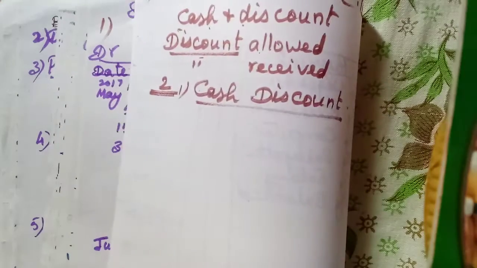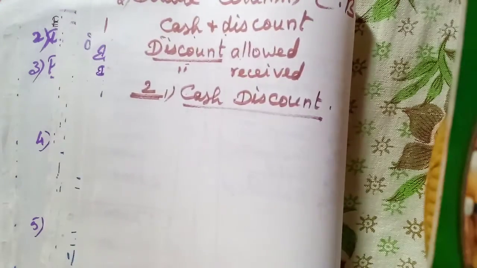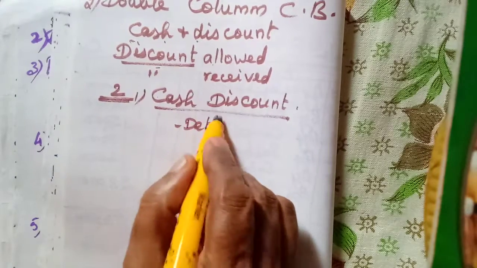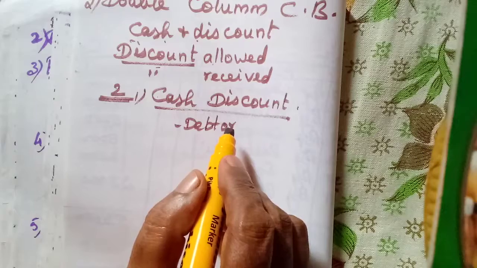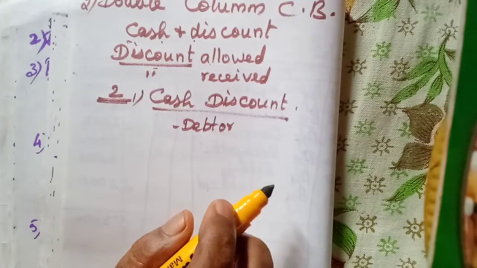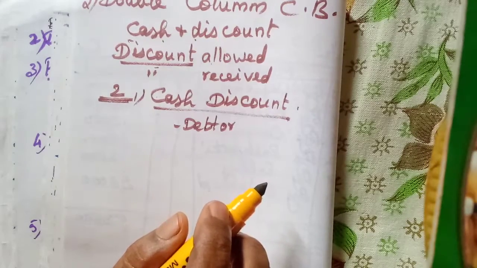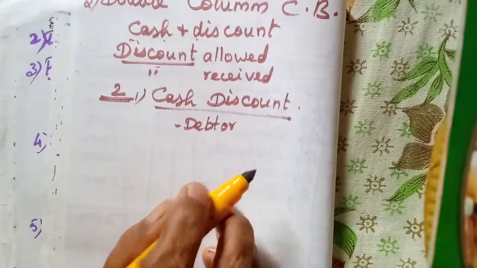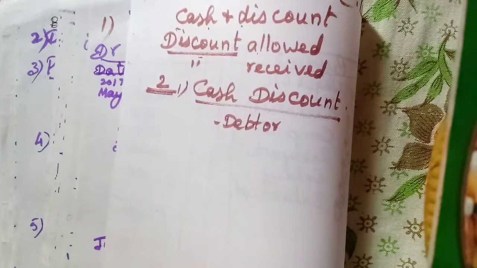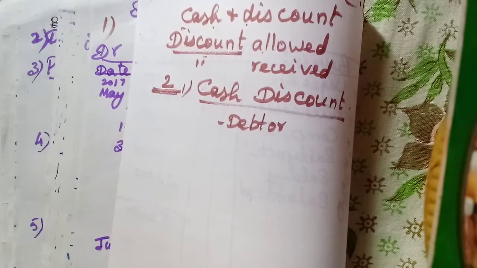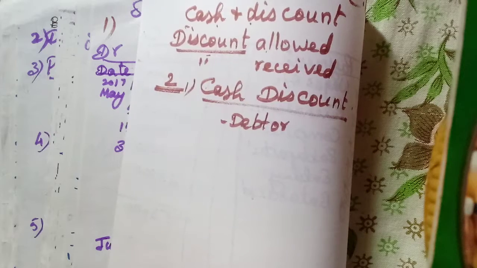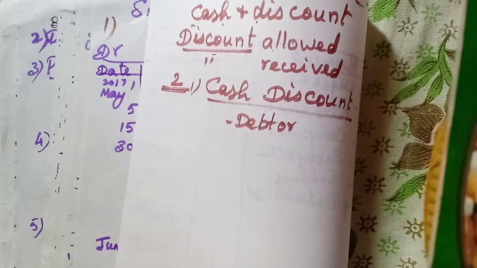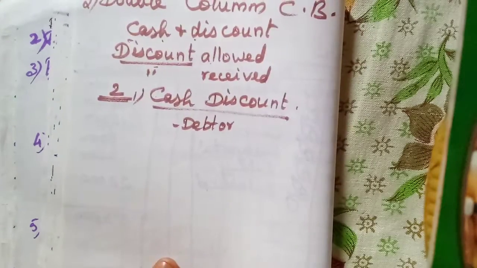This discount is allowed for the debtor at the time of making payment, because usually we know that the transactions take place on credit only. They sell goods in order to increase the volume of sales. They carry on the credit sales.